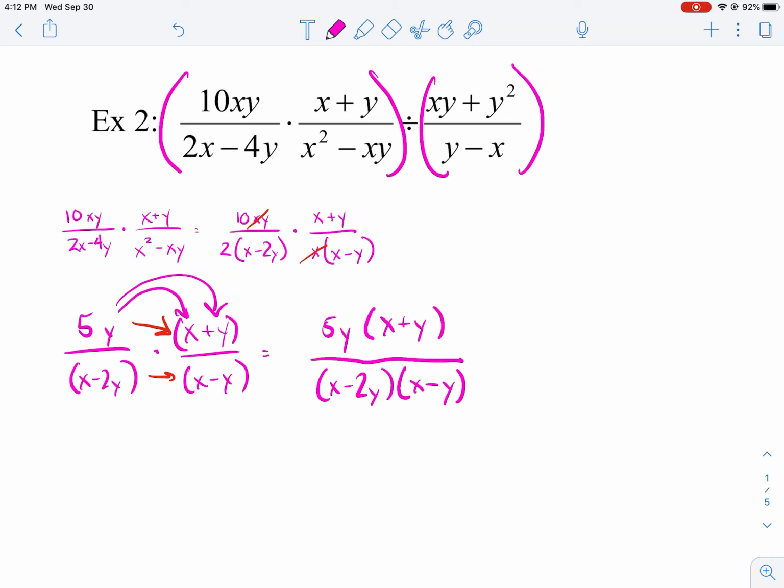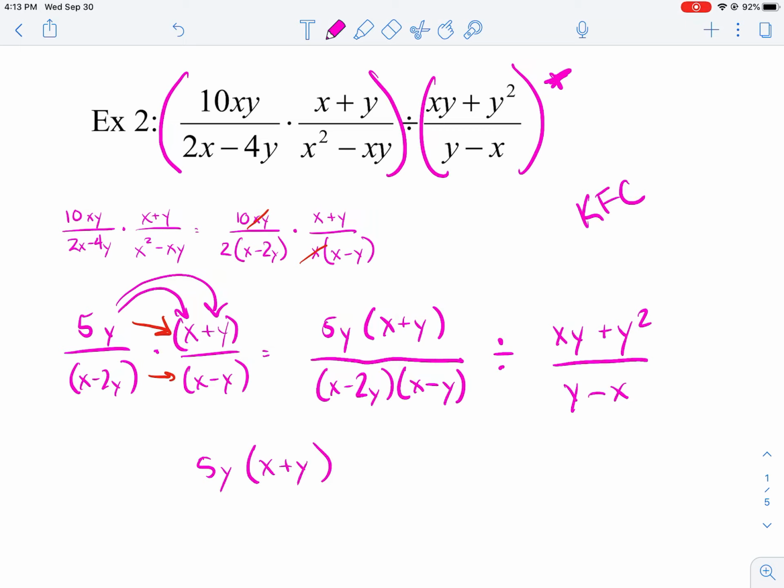Now let's take a look at this piece right here. We can't forget that piece. Now this piece comes at the end. So xy plus y squared over y minus x. Now remember our keep, flip, change. So we keep the first fraction.